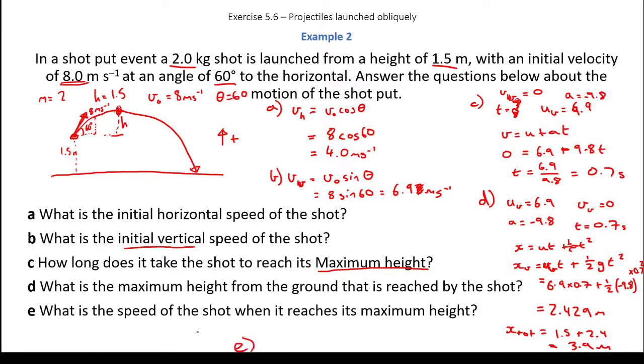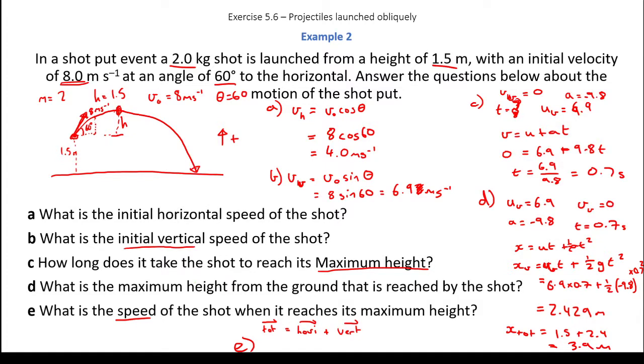And lastly, part E, what is the speed of the shot when it reaches its maximum height? Here at this maximum point, let's think of the two components, because we want the total. It's not saying horizontal or vertical, we want the total. So the total is, and this is vector addition, the horizontal plus the vertical.